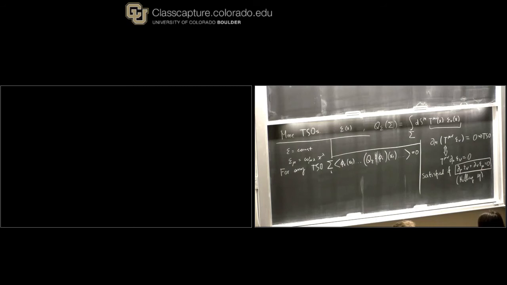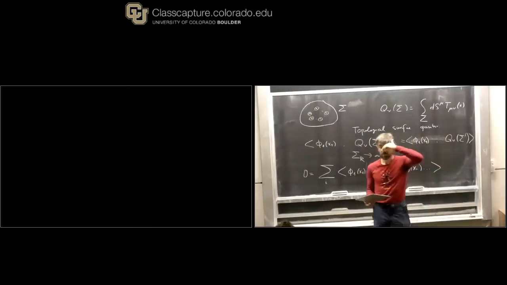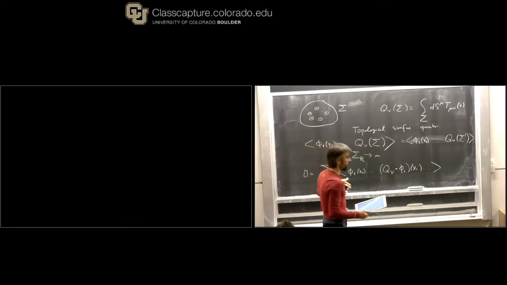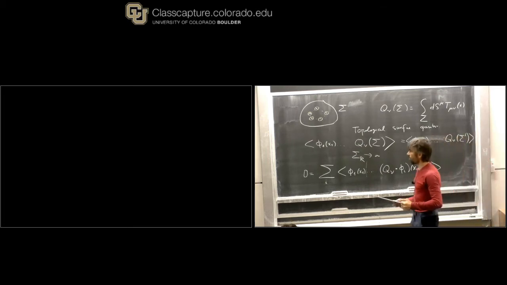Of course the volume of the manifold grows as r to the d minus 1. Then your vector field epsilon might also grow at infinity. For example, here epsilon grows as x, and if you consider special conformal transformations, epsilon is going to grow as x squared. So this gives you some source of growth.